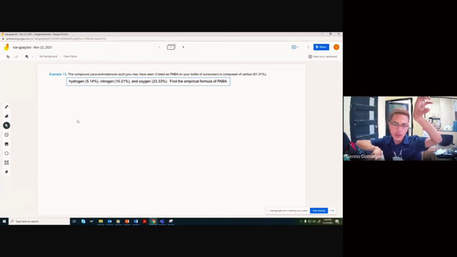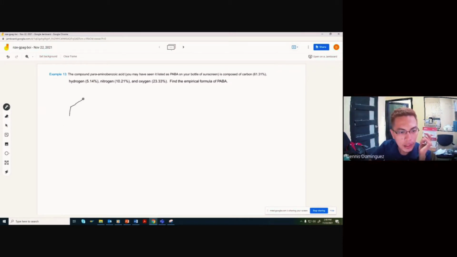So they are opposite. It is a benzoic acid, so it has a benzene ring. The structure of benzene has 6 sides, the benzene ring. So that's the benzene ring, and para means the opposite ends. Here is the specific amino, and then this is another amino.